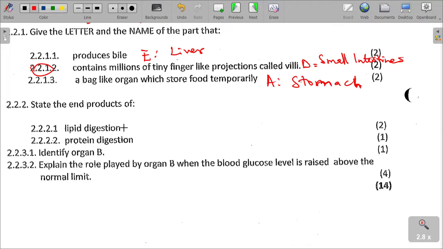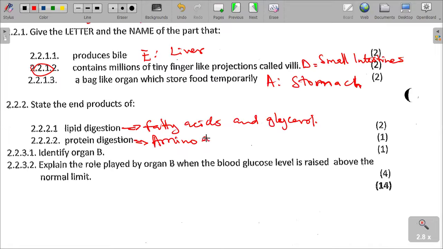Then protein digestion: the end product of protein digestion is amino acids. When proteins are digested, their end products are amino acids.